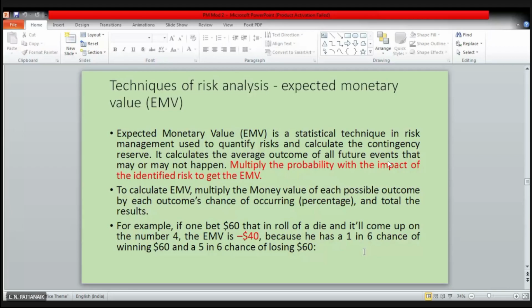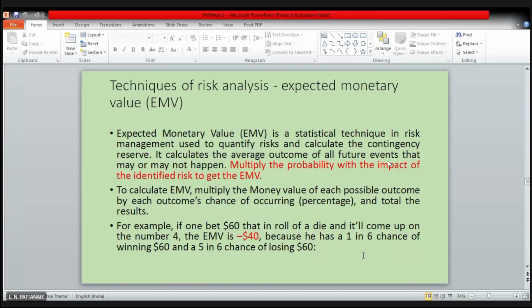For each of your options, you will check which is giving you the least EMV if it is a kind of loss, or in the other way, which option is giving you the maximum profit. Either way, you can utilize it.